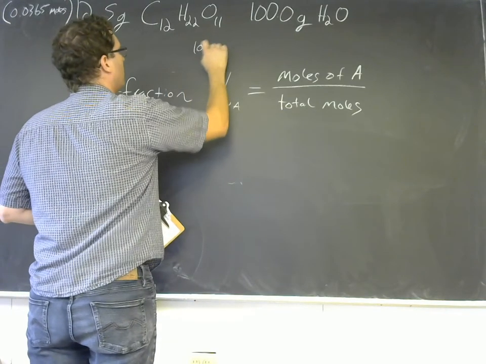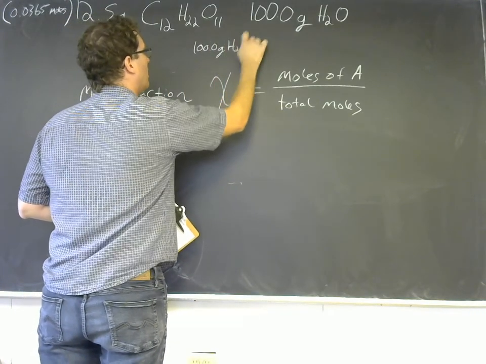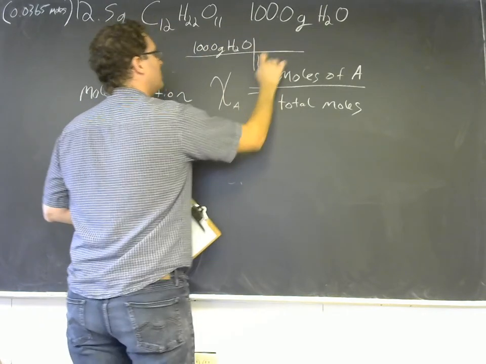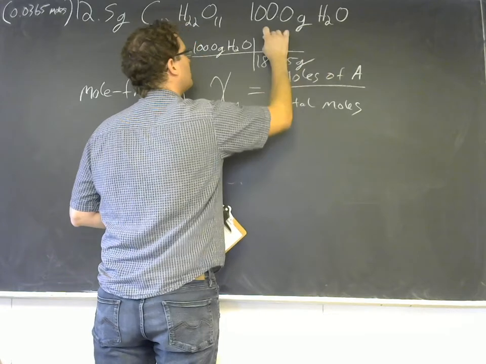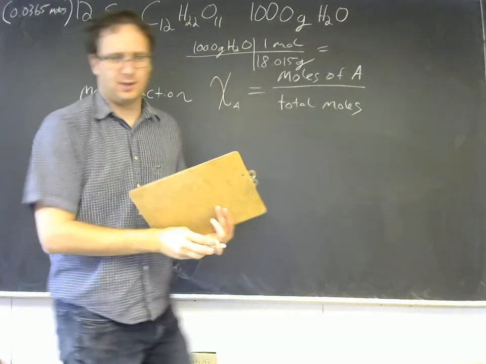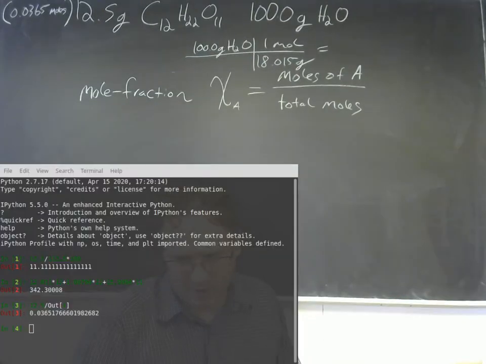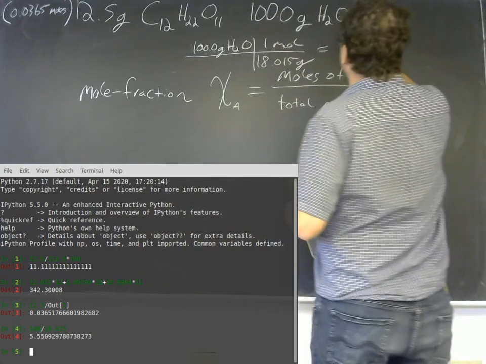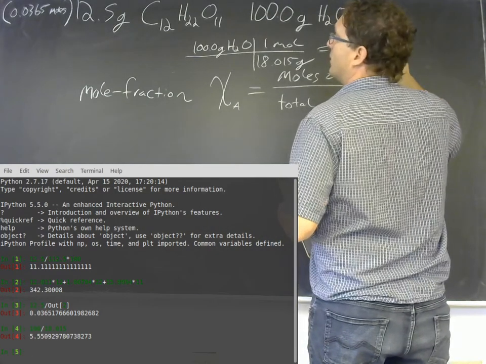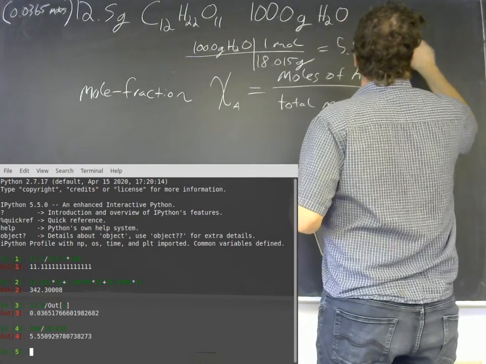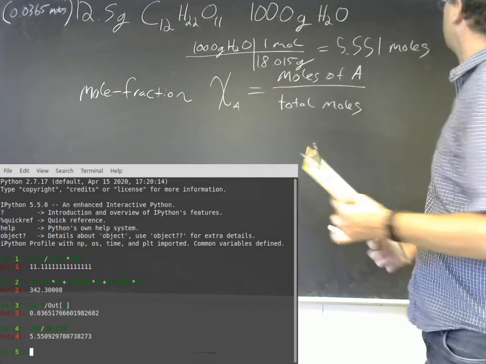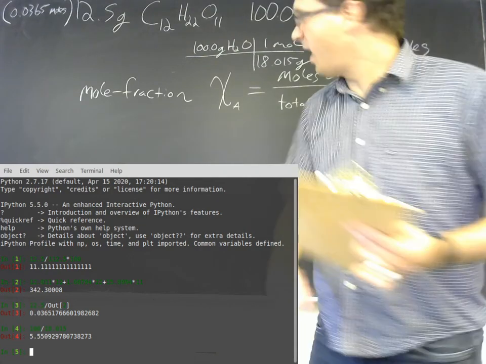So 100.0 grams of water, 18.015 grams is 1 mole. So let's figure out how many moles of water that is. 100 divided by 18.015. That's going to be 5.55 moles. Let's see. We'll do 5.551 moles. We have a few sig figs to spare.